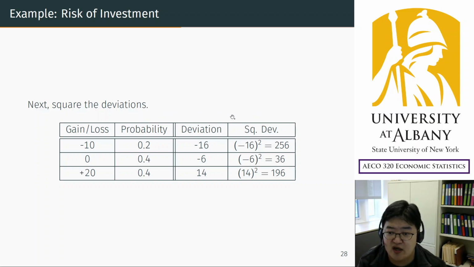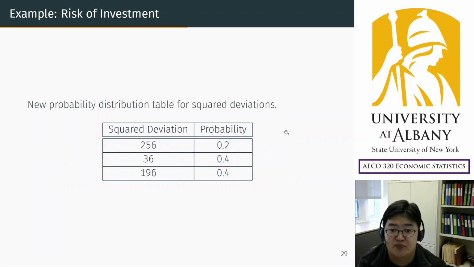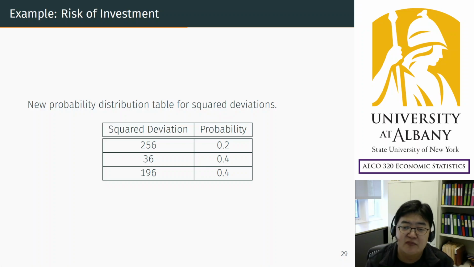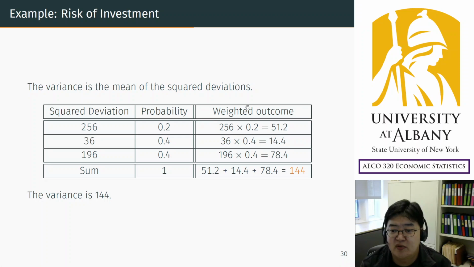So we are going to calculate the mean of squared deviations using this table. This is the probability distribution for the transformed random variable, which is simple. You multiply the random variable outcome by the probability, outcome times probability. So make the probability weighted outcomes again. But now the outcome is based on the squared deviations, not the original outcome.